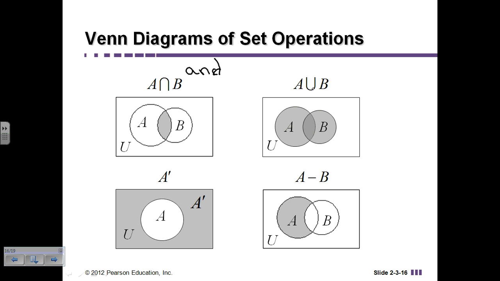The union between A and B is the word or. And again, it's the union, and you can remember that because of the letter U. The complement of A means all the things that are not in A. And then A minus B, or the difference between A and B, is the Venn diagram that you see here.